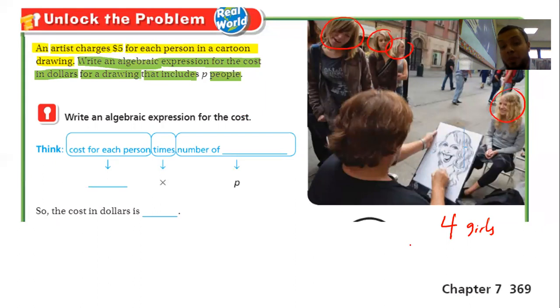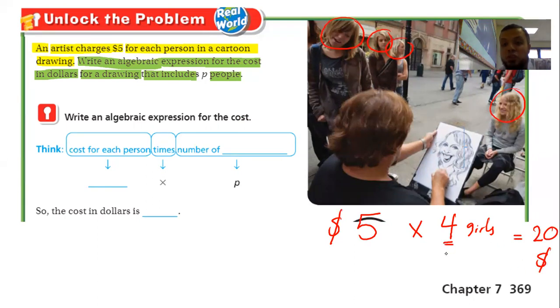So how much money will he collect from them when he draws a picture for each? How can he calculate the money that the artist earns? You will multiply. Excellent. 4 girls by $5 equals what? Equals 20. Good job, $20.